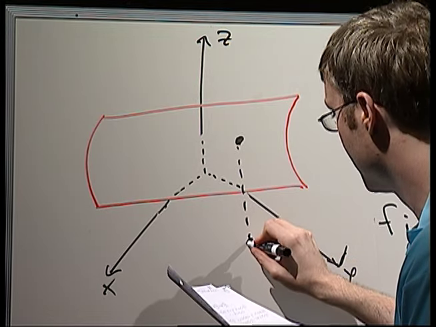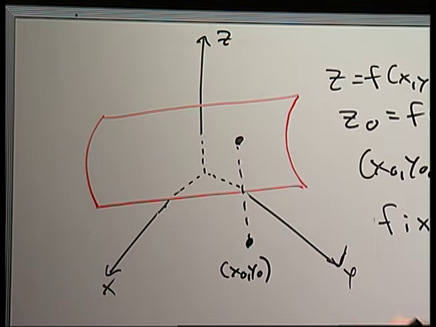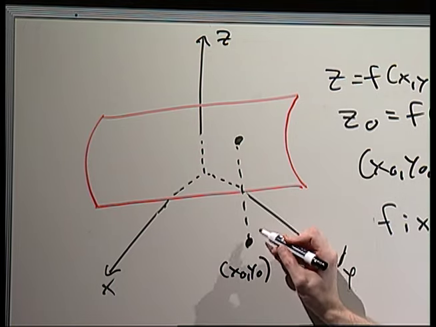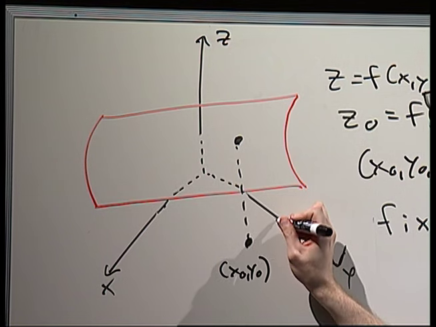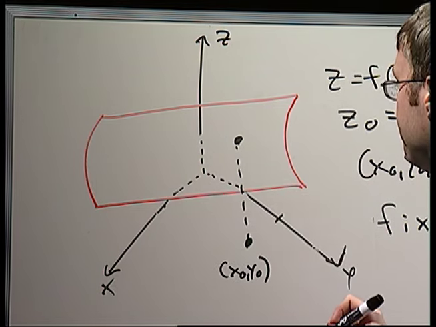Maybe there's the point x naught, y naught in the xy plane. It's down there. So this is the value of y. This is y naught, and I want to fix that value of y.